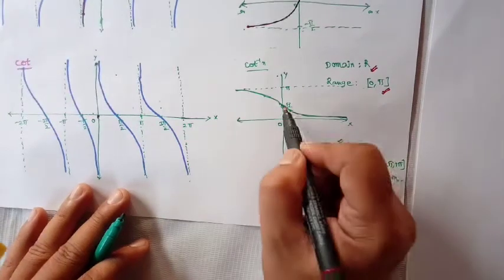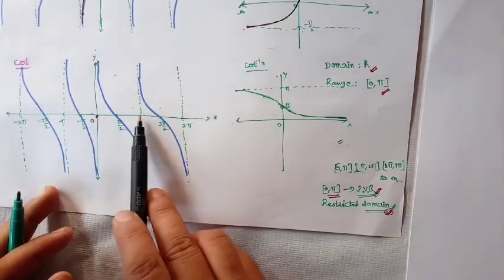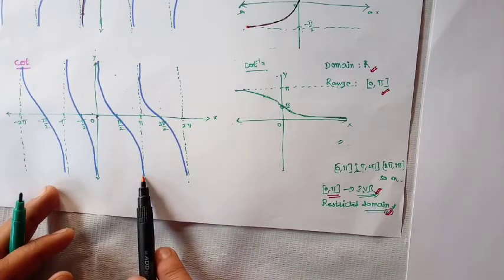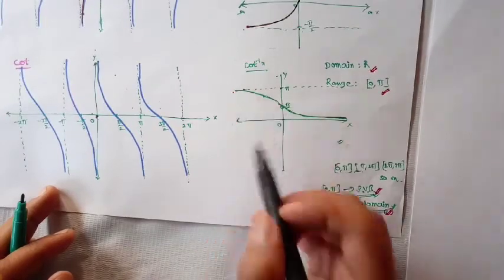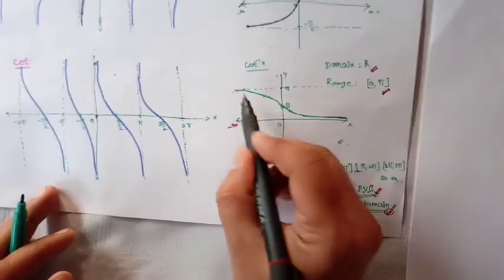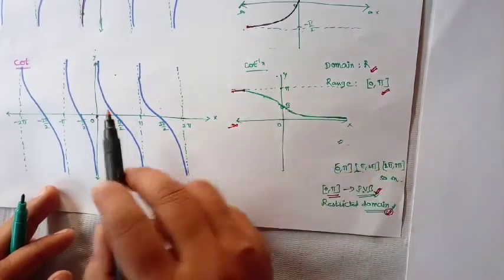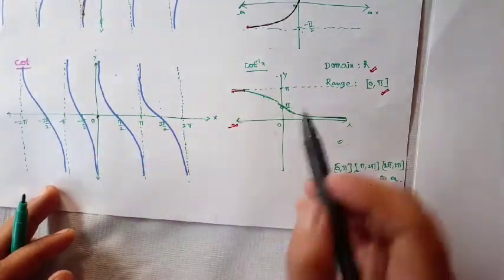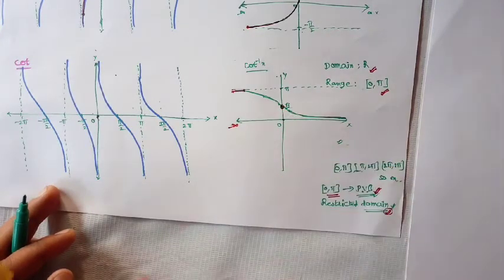See here, cot pi is minus infinity. So at the time of pi it should be taken as minus infinity. So this is the minus infinity place. Here we are starting, and cot pi by 2 is 0, so make it the point (pi by 2, 0).